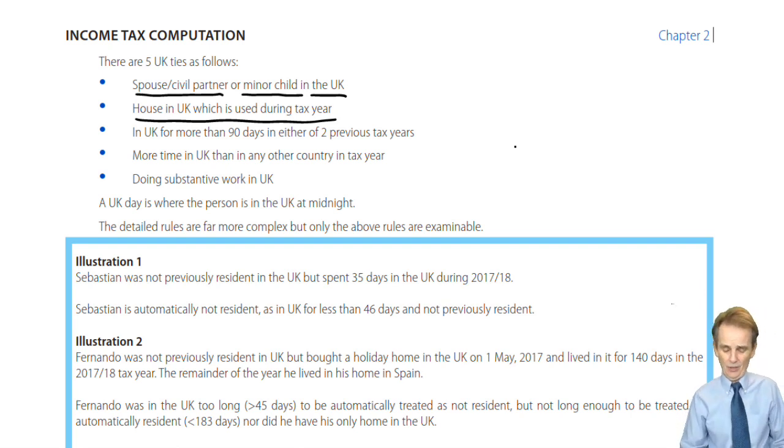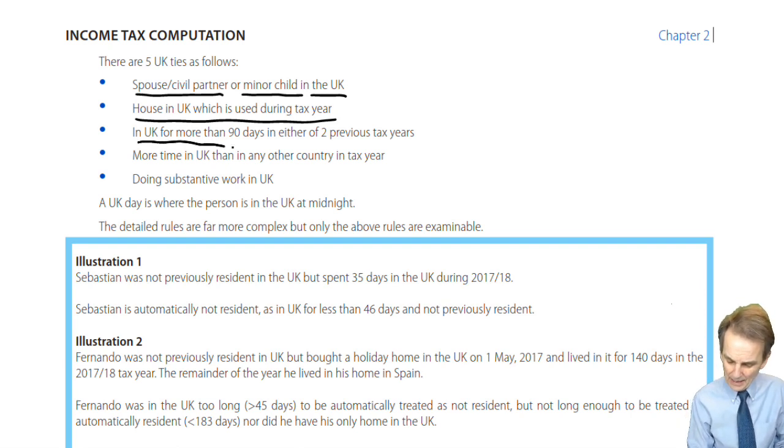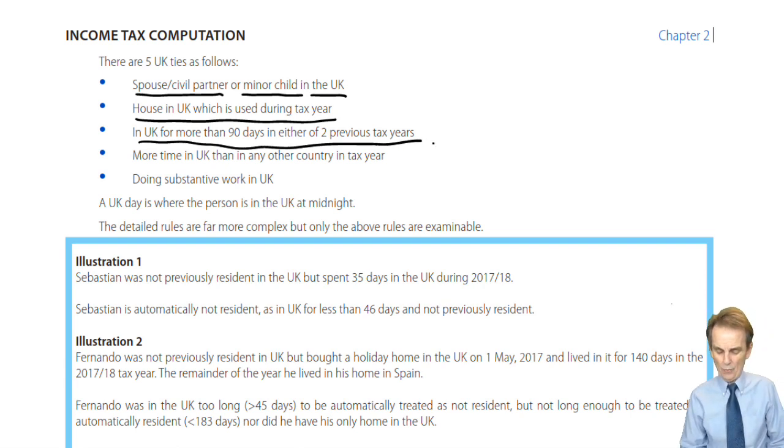If they have such a house in the UK, that is a tie to the UK. Next one. If in the UK for more than 90 days in any of the 2 previous tax years. Again, a statement of fact. In the 2 previous tax years, were they in the UK for more than 90 days? That would represent a tie.